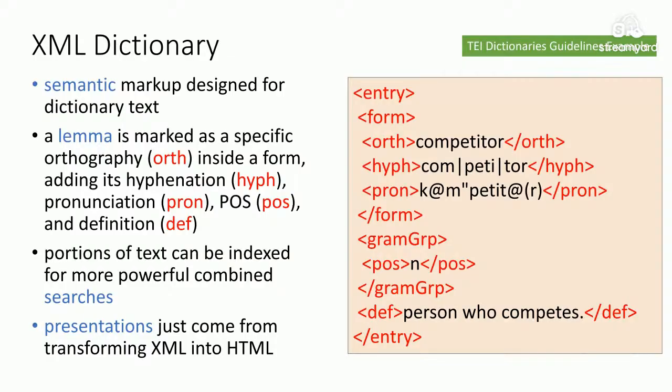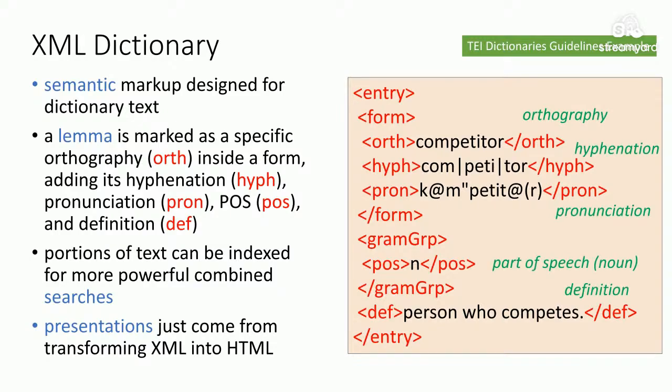So for dictionaries in TEI, which is a dialect of XML, we get tags to say things like this is orthography or hyphenation or definition and so forth. So every single portion of the text is semantically defined. And this allows powerful search, combining multiple lexical criteria, and any presentation generated by transforming XML into HTML.